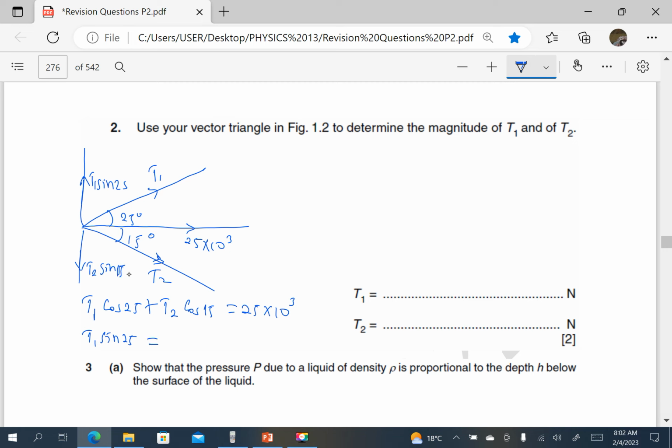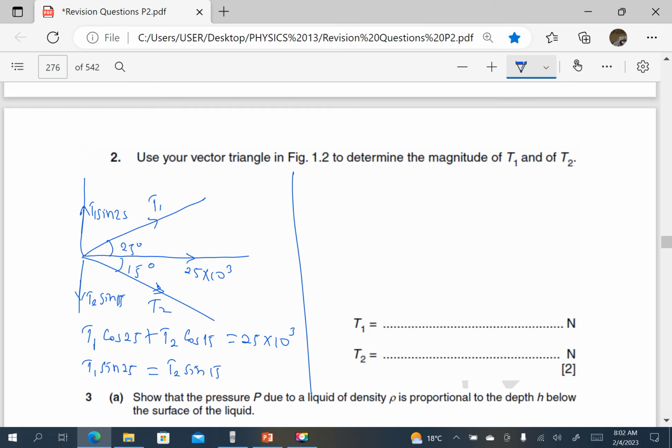So I'm going to solve these two equations. I will say that T1 is equal to T2 sine 15 divided by sine 25, and I will substitute for T1 into the horizontal equation.